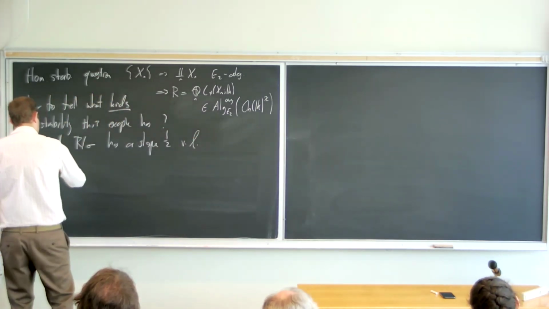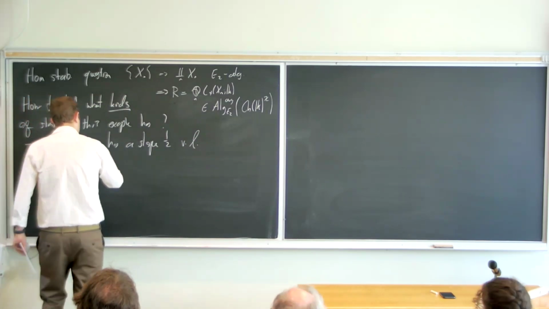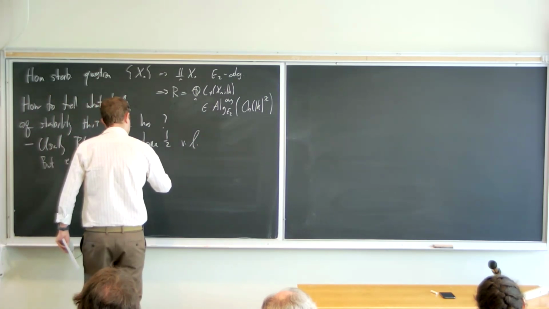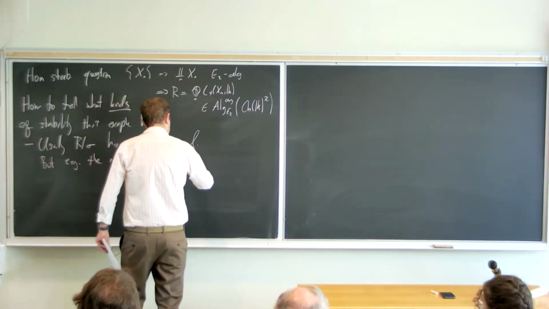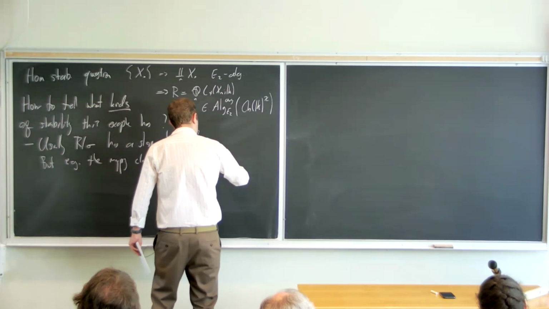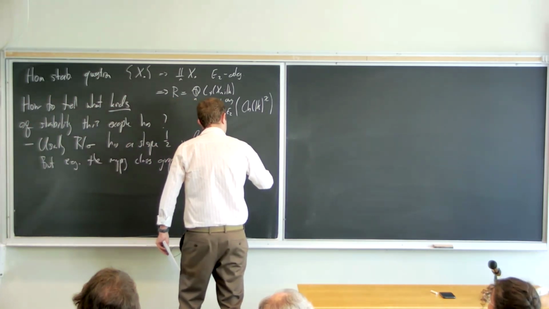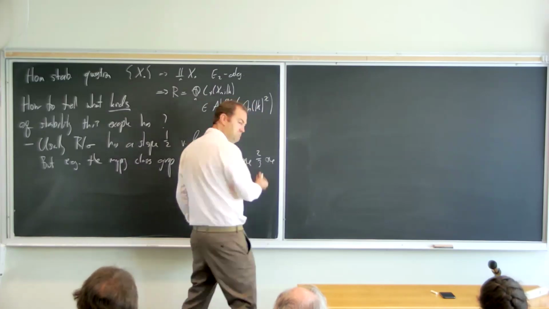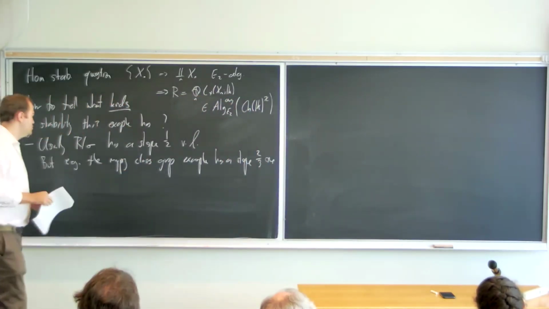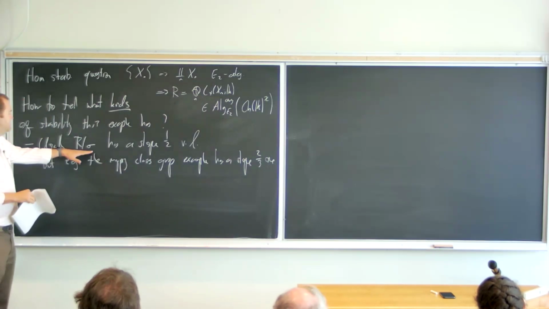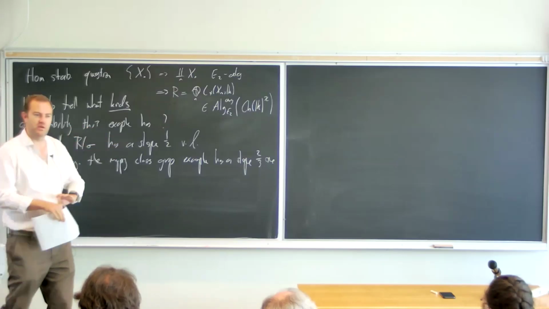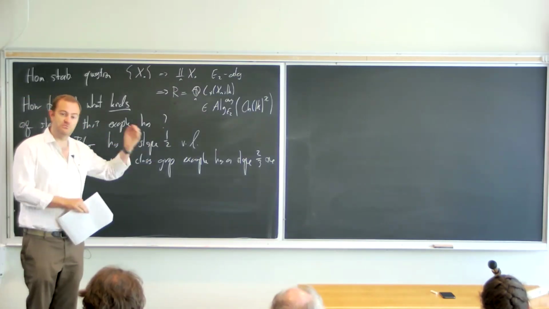But for example, the mapping class group example has a slope 2/3 one. That's just true. So why does, for example, the symmetric groups have a slope 1/2 vanishing line, but the mapping class groups have a slope 2/3 vanishing line?